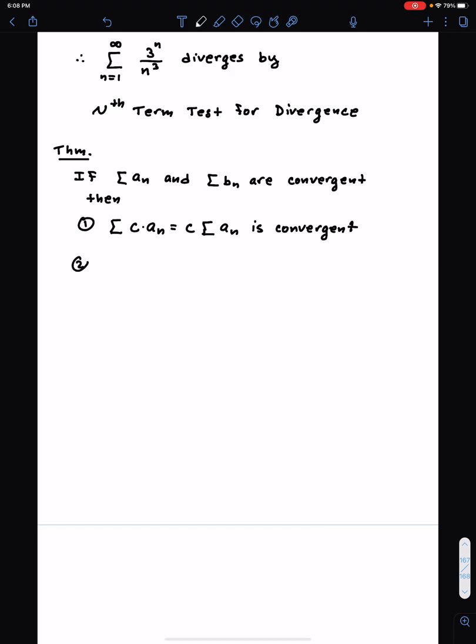And 2, the series a sub n plus or minus b sub n is equal to the series a sub n plus or minus the series b sub n, is also convergent.